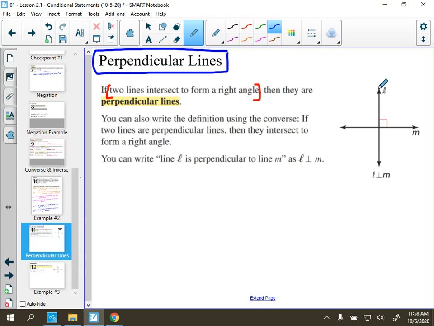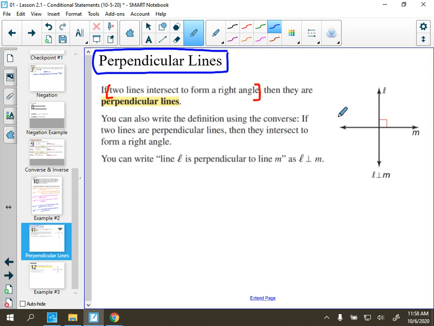The picture that goes along with it here, I've got line L and line M. The key component here is not necessarily the lines, but this symbol that we've already used a couple different times in chapter 1 for a right angle. When we defined what a right angle was, we introduced that symbol.